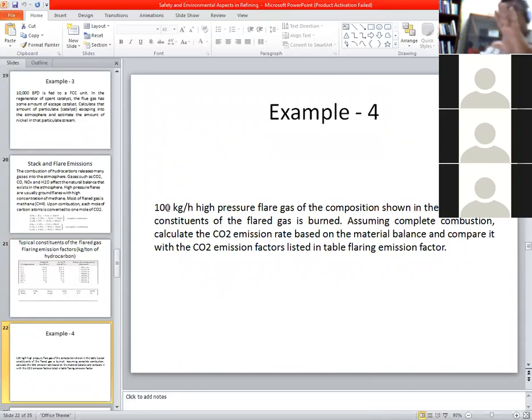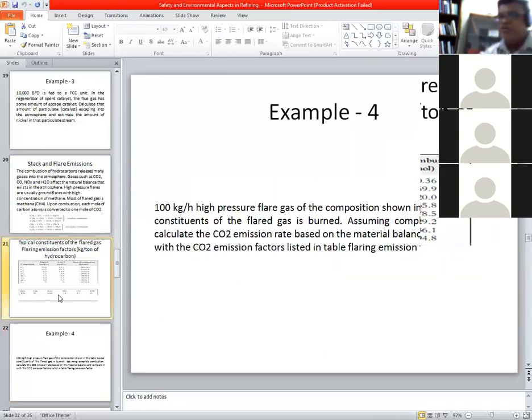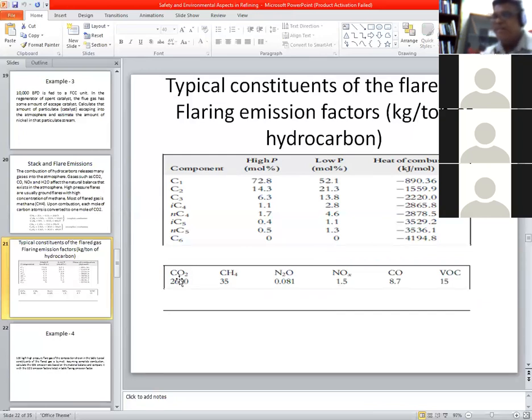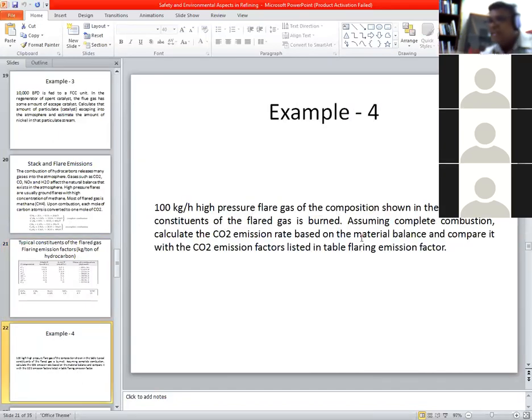So it is clear. Because it is CO2, the CO2 emission factor is given here and the flow rate is given, so you can directly calculate the emission rate. But the question asks you to calculate the carbon dioxide emission rate based on material balance.